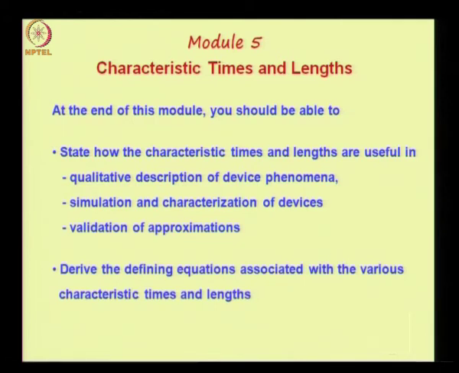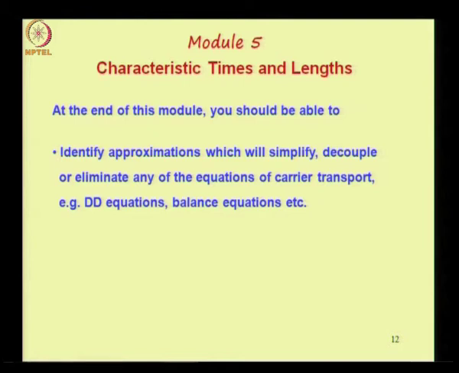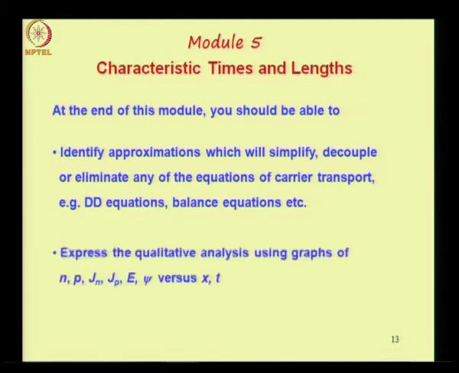You should be able to derive the defining equations associated with the various characteristic times and lengths. You should be able to identify approximations which will simplify, decouple, or eliminate any of the equations of carrier transport, such as drift diffusion equations, balance equations, etc. And finally, you should be able to express the qualitative analysis using graphs of electron concentration, hole concentration, electron current density, hole current density, electric field, and potential versus distance and time.